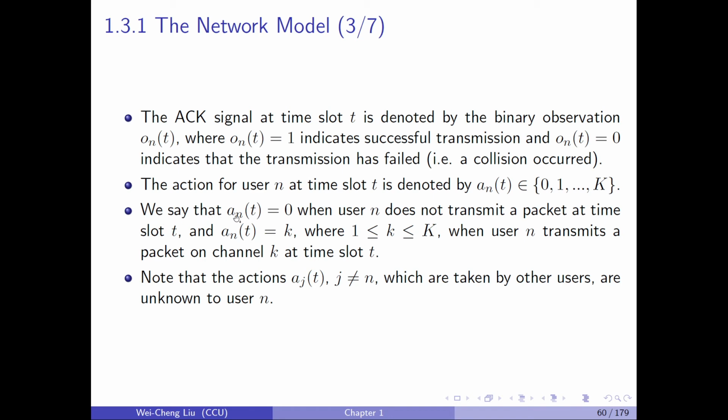We say that A_n(t) is equal to 0 when user n does not transmit a packet at time slot t, and A_n(t) is equal to k, where 1 is smaller than or equal to k, and k is smaller than or equal to K, when user n transmits a packet on channel k at time slot t.